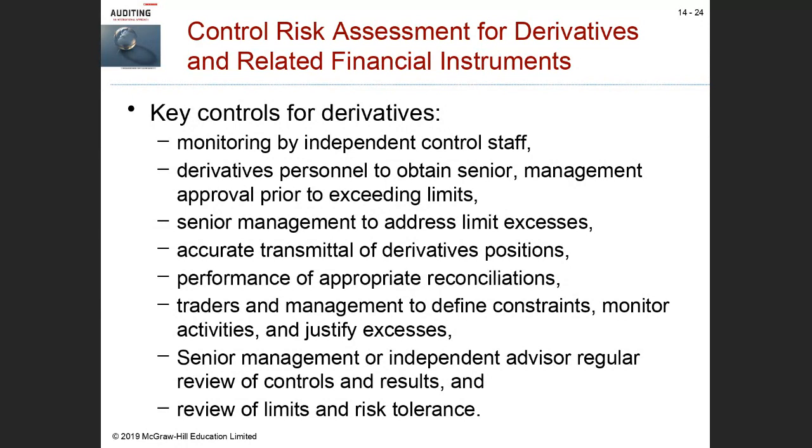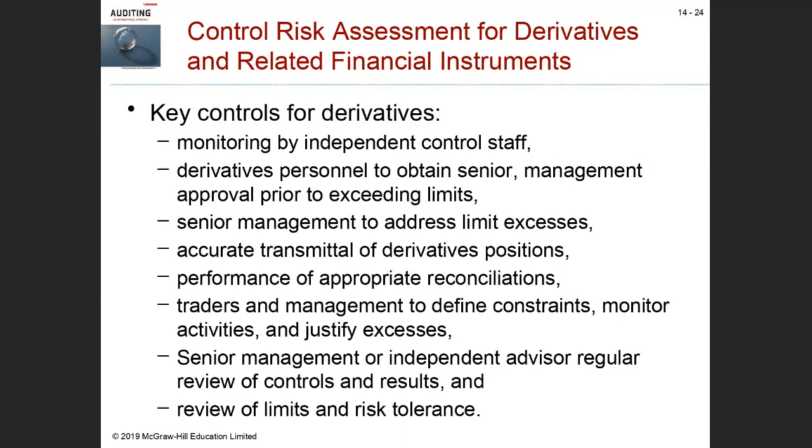The next point, derivatives personnel to obtain senior management approval before exceeding limits. That was one of the problems in the AIG case. There were no limits, so the derivative trader was able to do whatever he wanted to. Well, of course, proper control would say you're limited to X dollars, and if you want to go over that, you need senior management approval. So that's what is being suggested here.